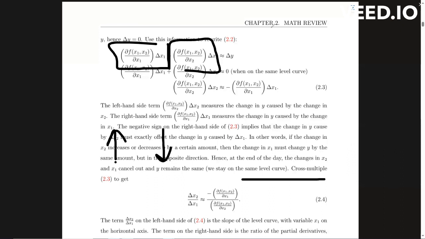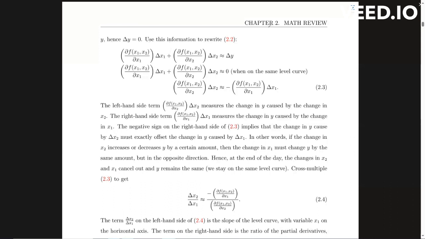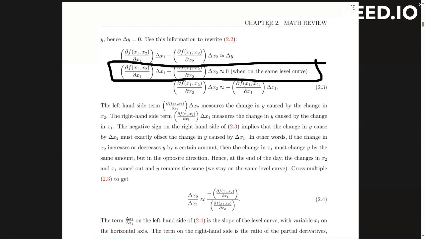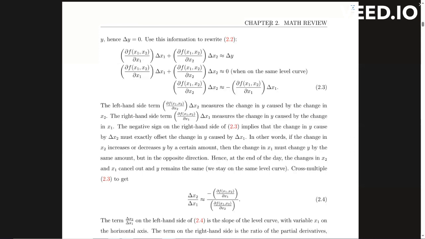We're at the same level that we were before. So when on the same level curve, we take the total differential and set it equal to 0. Then we solve for it, and one is the negative of the other.